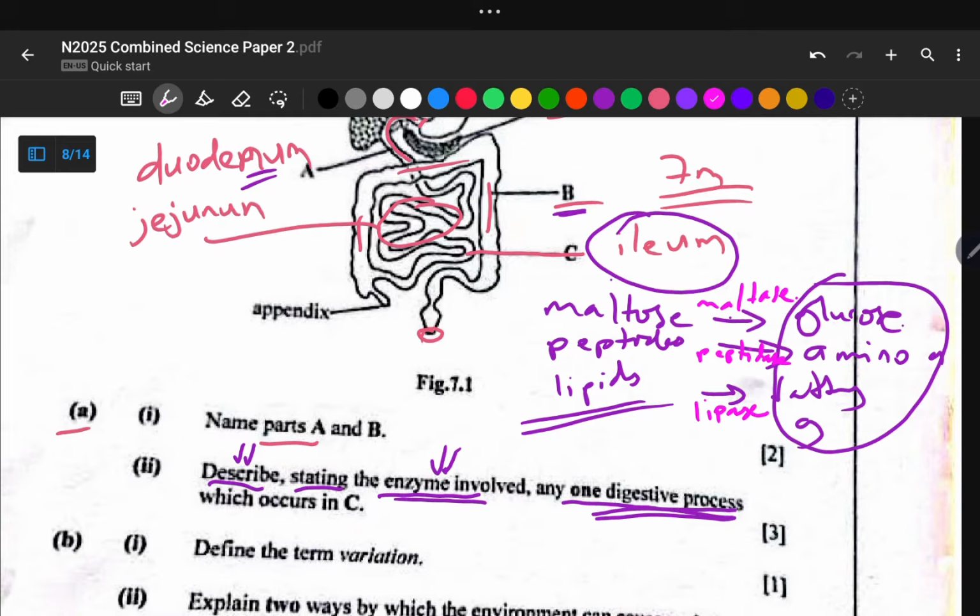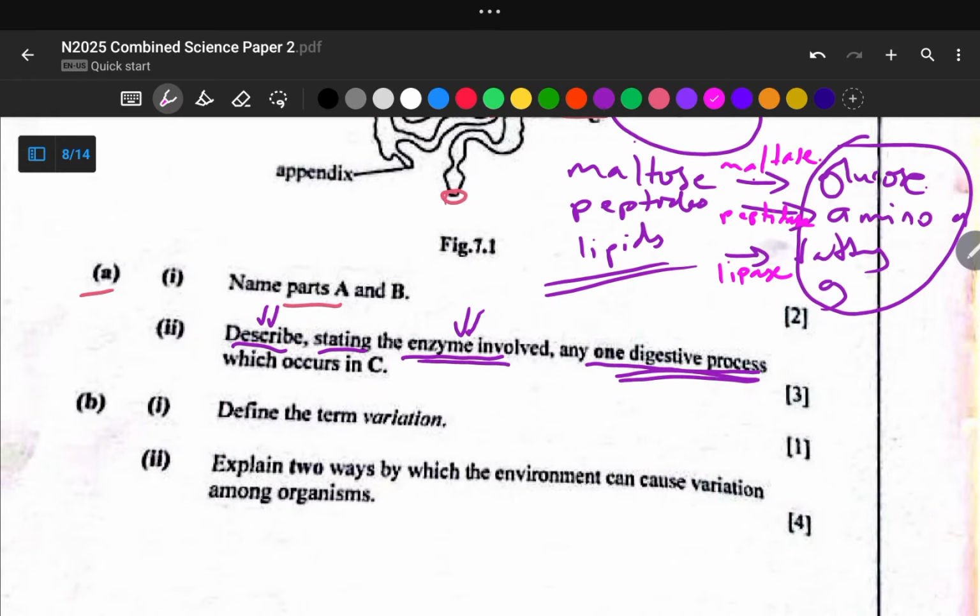And then we go on to the next part of the question, which says define the term variation. You are required to define the term variation, awarded for 1 mark. So variation is defined as the difference in characteristics or traits among organisms of the same species, right?